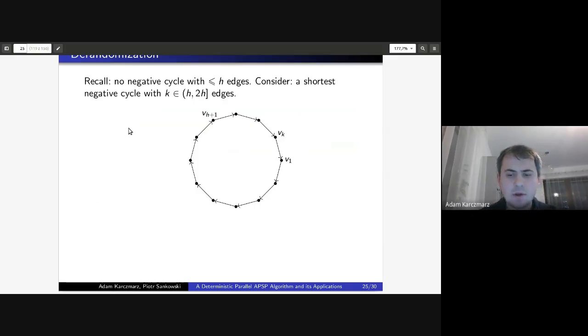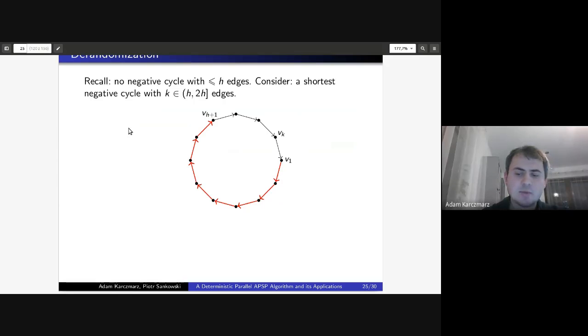Finally, how do we compute a shortest negative cycle with at most 2H edges if there is no negative cycle with at most H edges? Consider a shortest negative cycle with more than H but no more than 2H edges, and consider some H hop segment of this cycle, here shown in red.